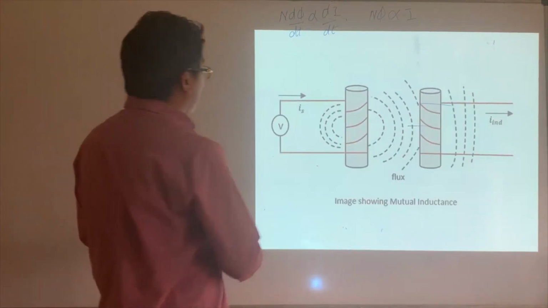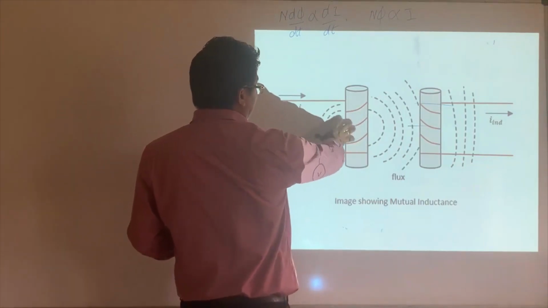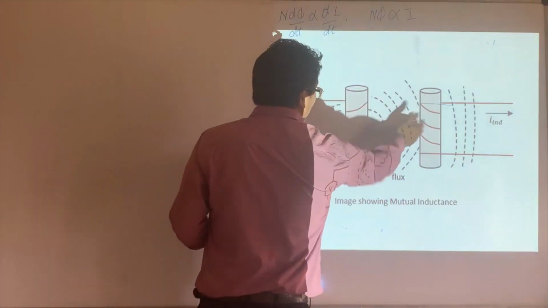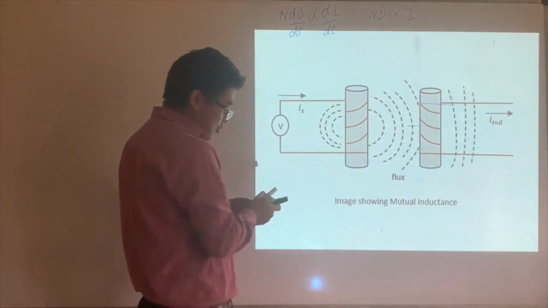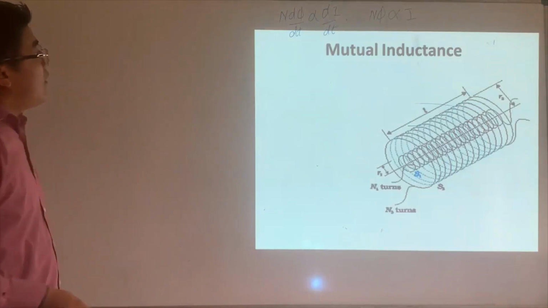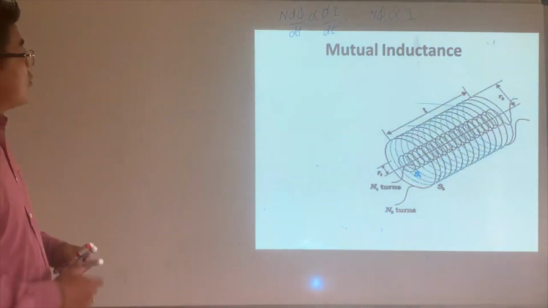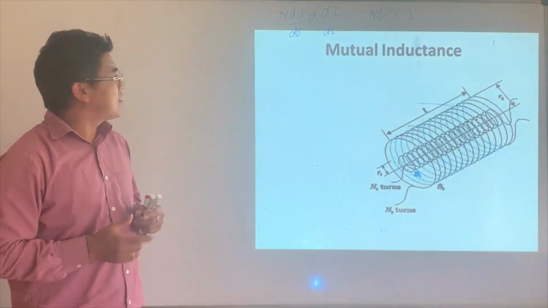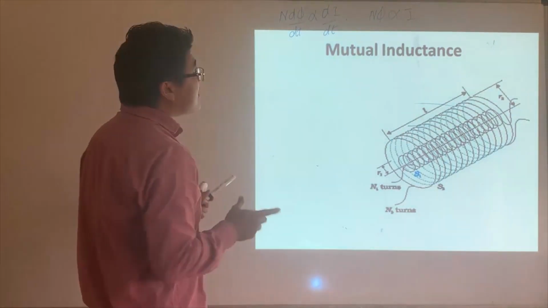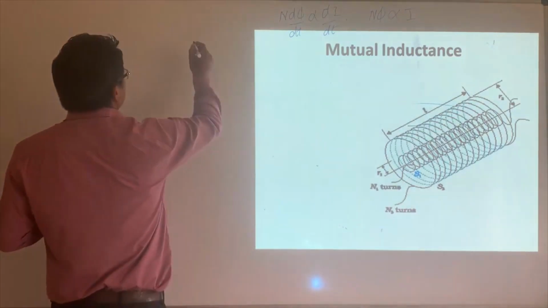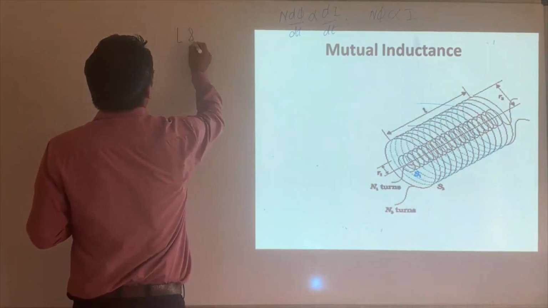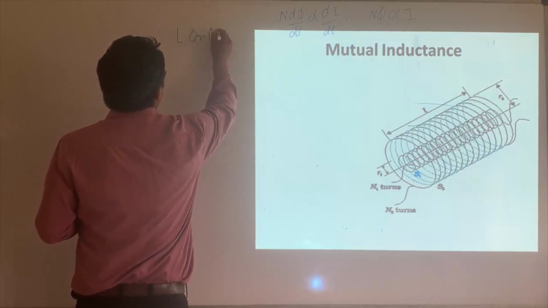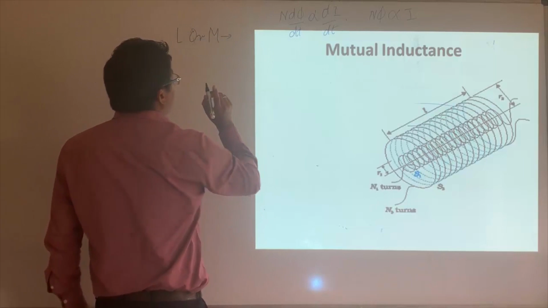You see, there is a current, and this magnetic flux is linked to that coil, and that is what we call mutual inductance. Alright, now I would like to start with mutual inductance. They can be of different shapes. And before I start this, inductance, either it is L or it is M, is defined by two factors.